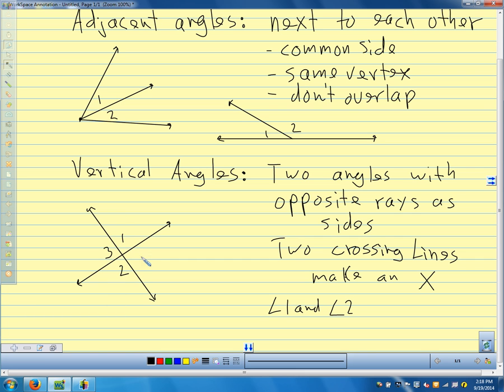But we could also call angle 3 and angle 4 vertical angles, because they're across this X from each other. The important thing about vertical angles is the X has to be made by straight lines. So 1 and 2 are vertical angles, 3 and 4 are vertical angles.